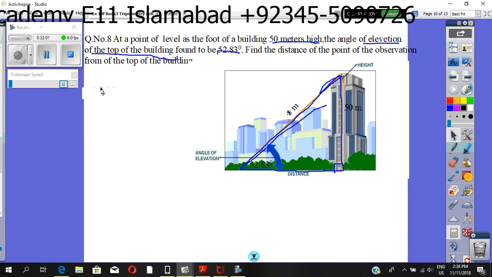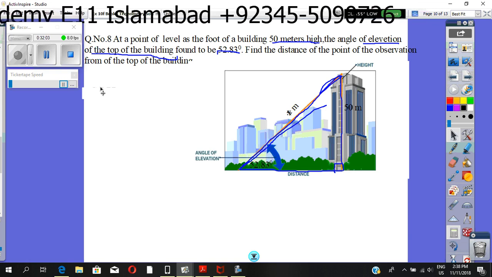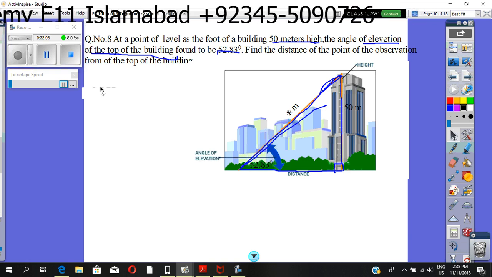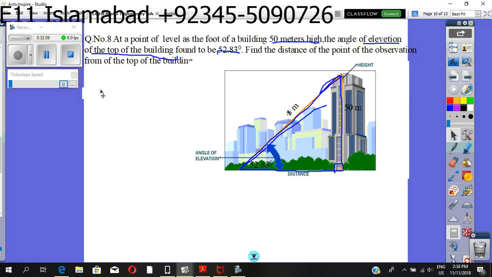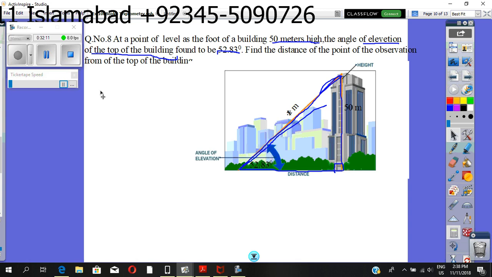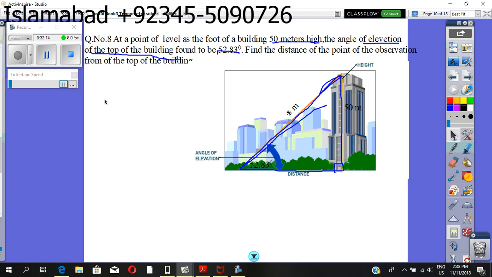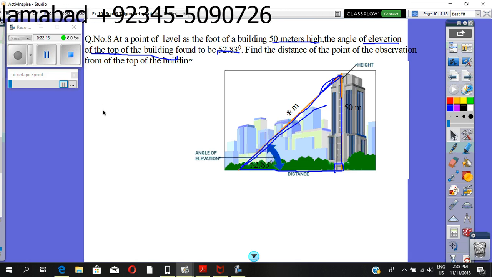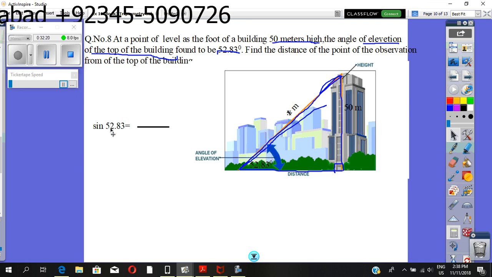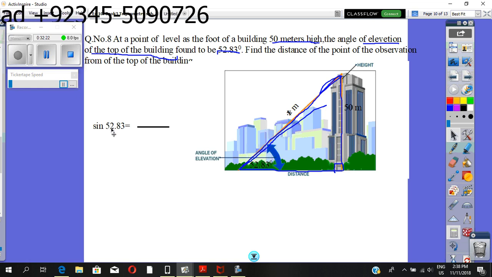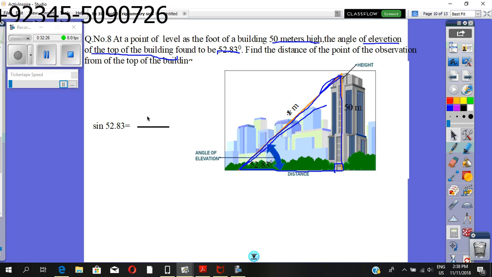Hypotenuse and opposite, so here we use sine theta, which is opposite over hypotenuse.